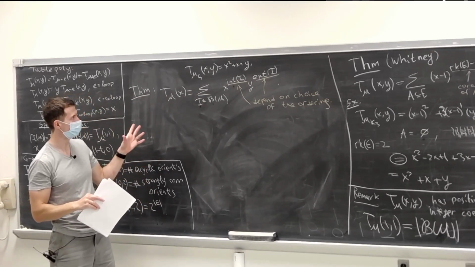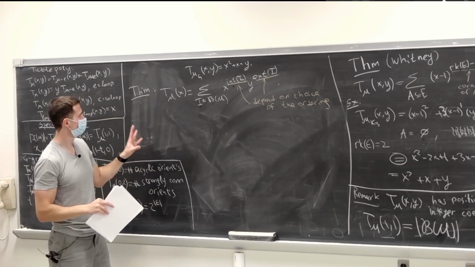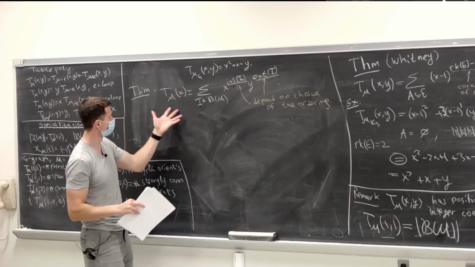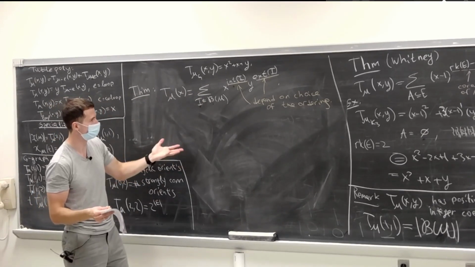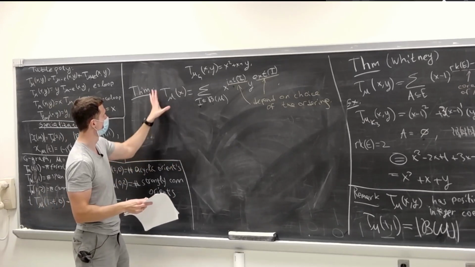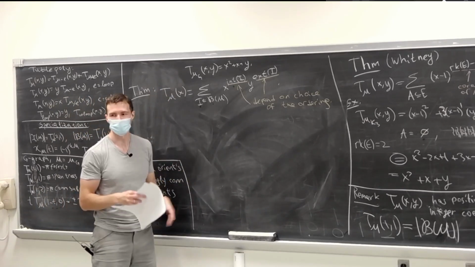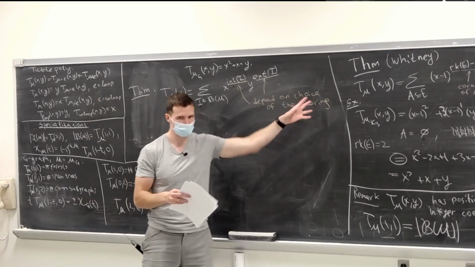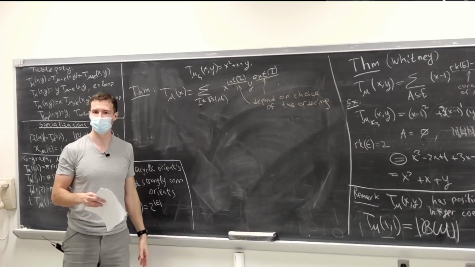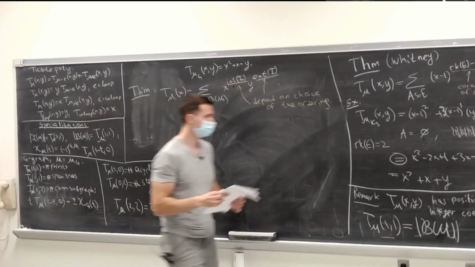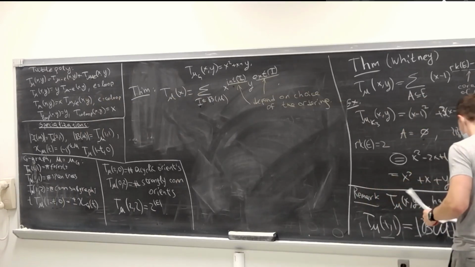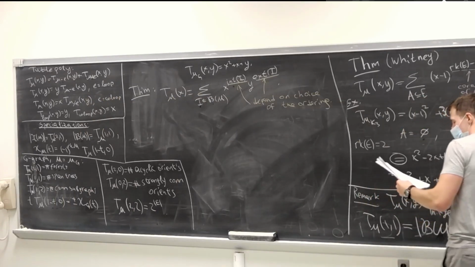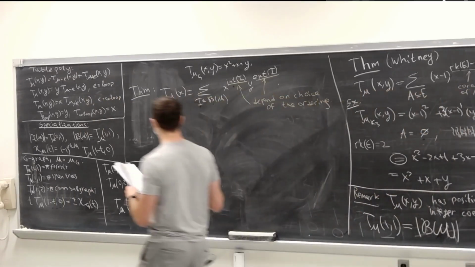So again, magically, no matter which ordering you choose, you can actually choose some convenient one in practice, but the result does not depend on it. So you have to break the symmetry, and then you get a positive formula. That happens quite a bit in combinatorics. So let's try an example.